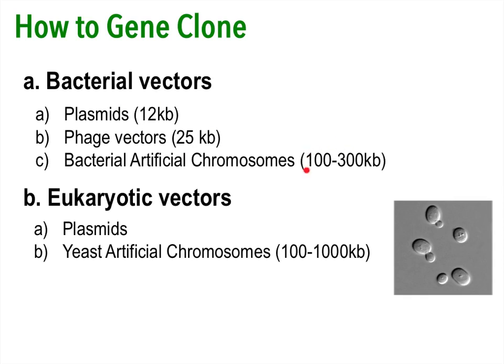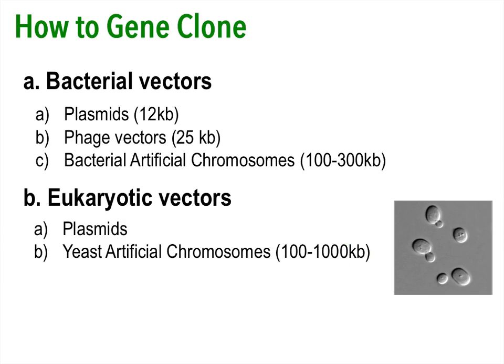So if you have a really large piece of DNA that you want to get copied, you wouldn't be able to put it into a plasmid. It's more appropriate that you put it into something like an artificial chromosome. For eukaryotic cells, we also can often use plasmids, or we can use what we call YACs for short, yeast artificial chromosomes. And again, these are appropriate for holding larger pieces of DNA.